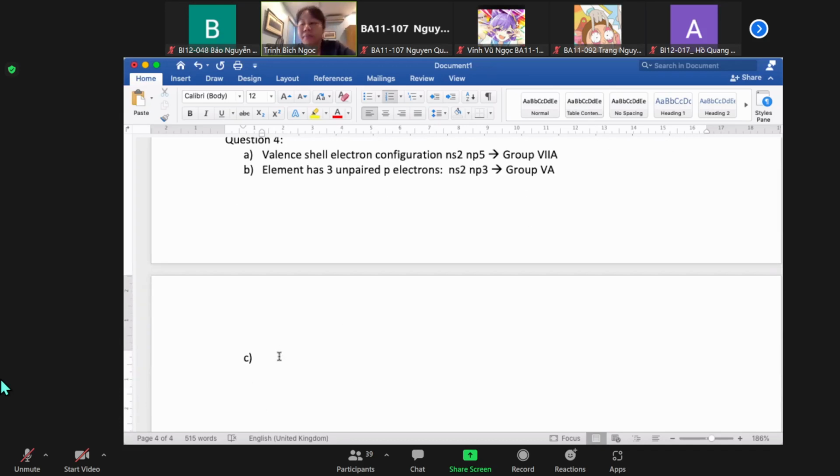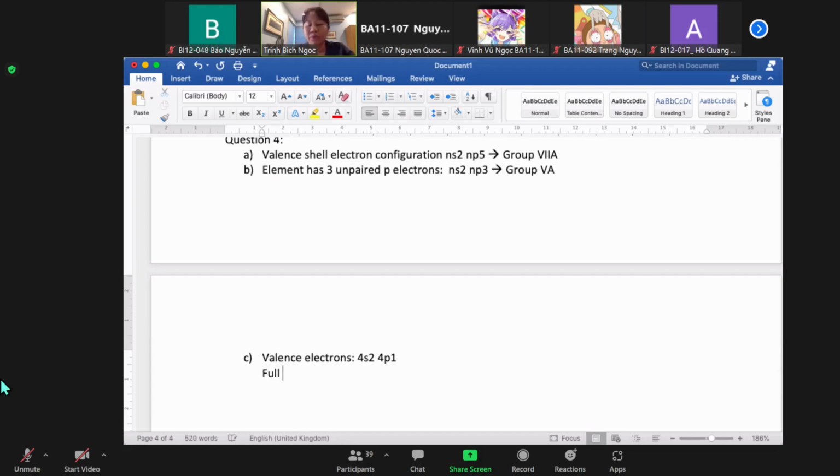Được chưa? Okay, so an element whose valence electron is 4s2 4p1. Đây là nguyên tố gì ạ? Họ đã cho mình cả phân lớp rồi thì ta sẽ xác định được nguyên tố đó ạ.